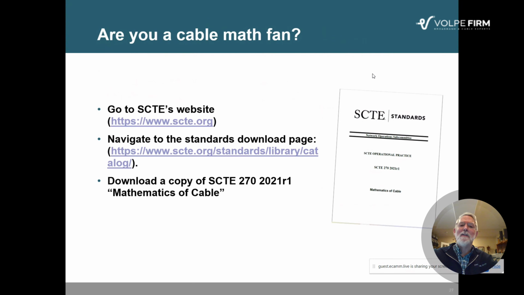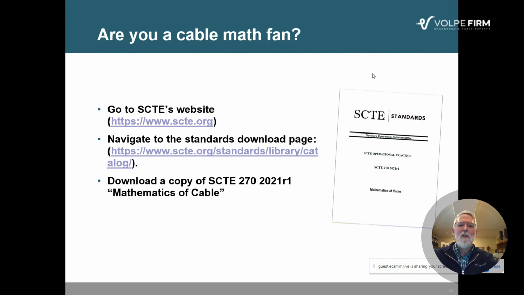It's a big document. When NOS Working Group 1, which is a working group I chair, originally decided to create a math document, we thought this might be 50 pages of formulas and examples of how to use them, maybe 100 pages. Well, when it was all said and done, it came in at 425 pages.